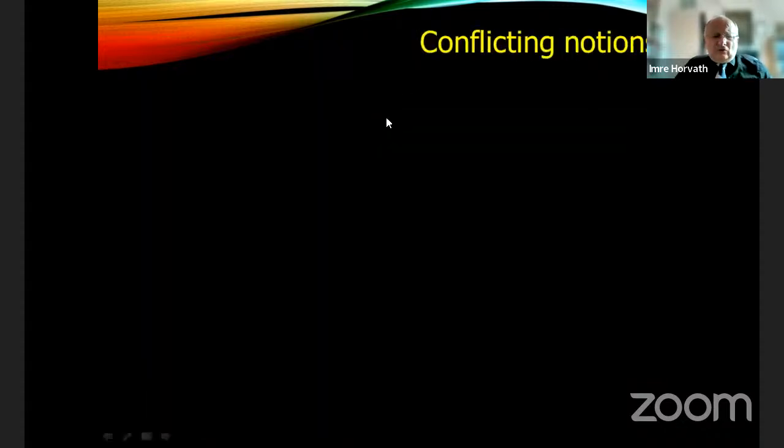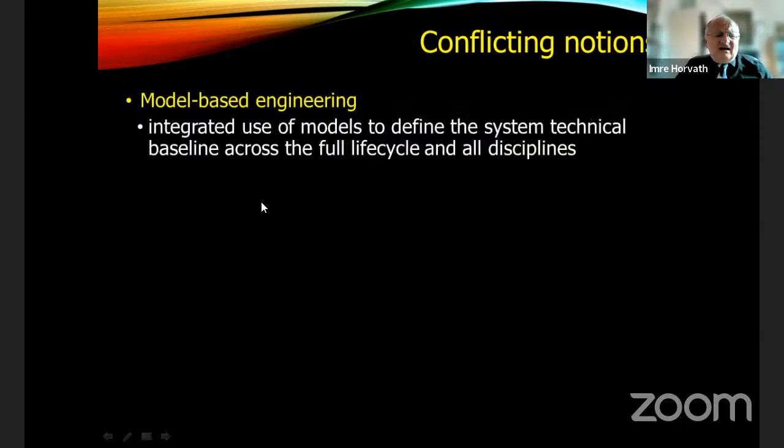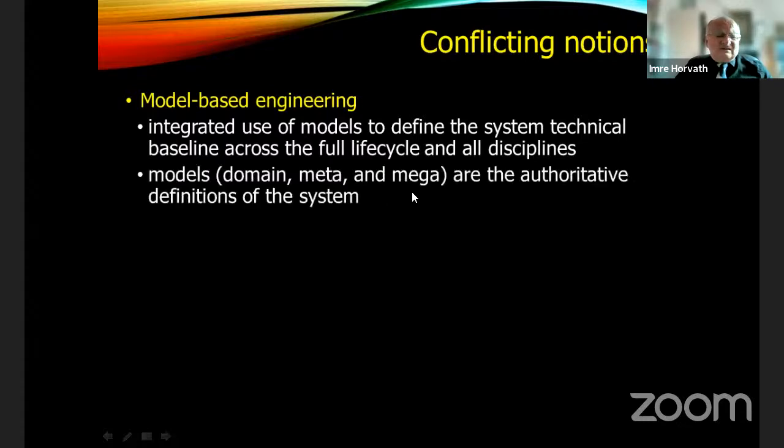So far, so good. But if we just consider the current vocabulary of system development, we can find two conflicting terms. One of them is model-based engineering, which is the integrated use of models to define the system technical baseline across the full life cycle and all disciplines.